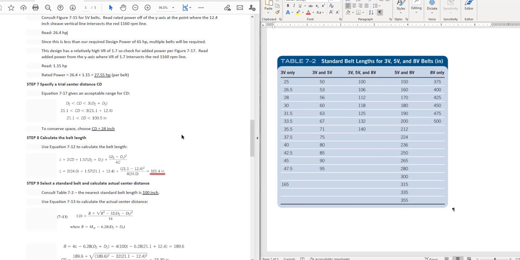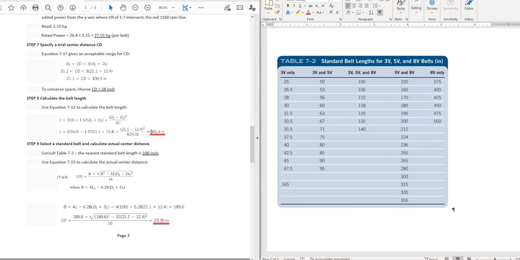Again, this is a design decision, and then we're going to use that to calculate the belt length. We have an equation for that from 712, and that's just based on the center distance that we started with up here and the geometry of the sheaves.